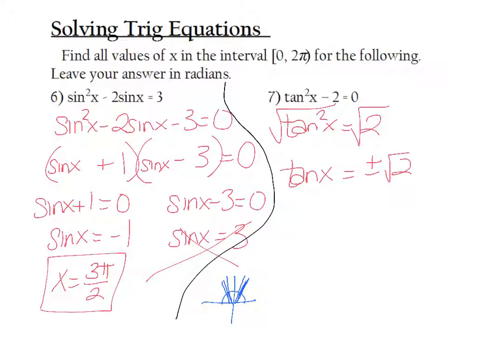I'm going to do inverse tangent of root 2. I get 0.955. I'm just going to call it 0.96. That is the first radian measurement that would have a tangent of root 2.